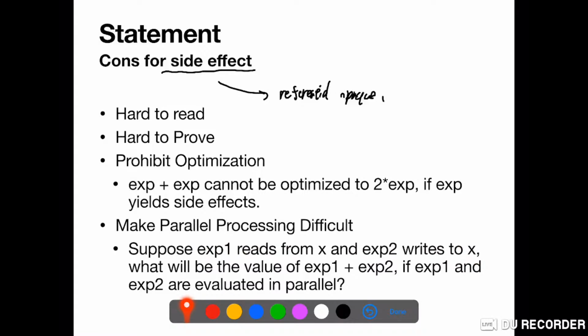So if you have expression 1 plus expression 2, the result would be very different if you execute this one first and this one second, or this one first and this one second. So if they are evaluated in parallel, you have a nondeterministic result. So referential opaque is a really bad thing in terms of all these problems.